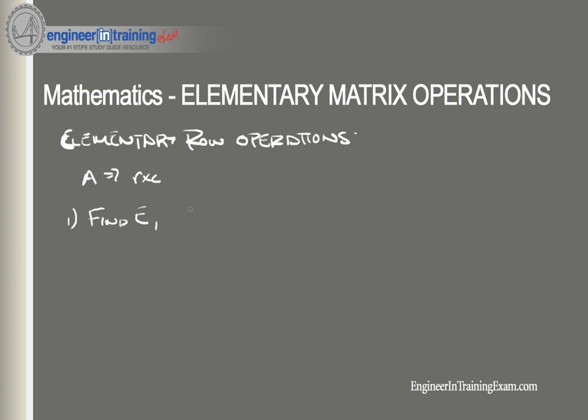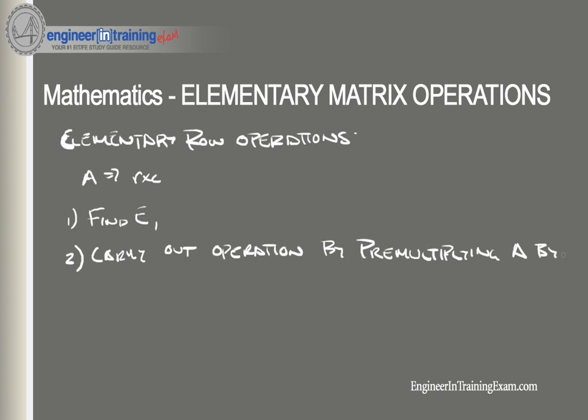Number 2, once we define E, we need to carry out the operation by pre-multiplying A by E.